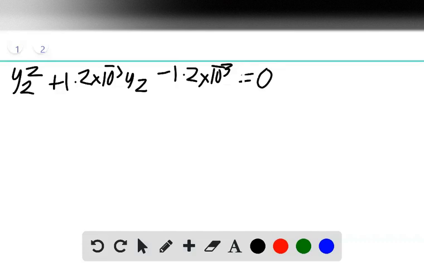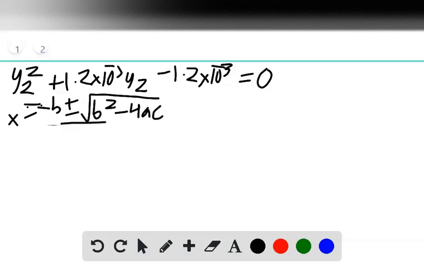Now we can use the quadratic equation to solve for y2. Quadratic equation, x equals negative b plus or minus the square root of b squared minus 4ac, all over 2a.